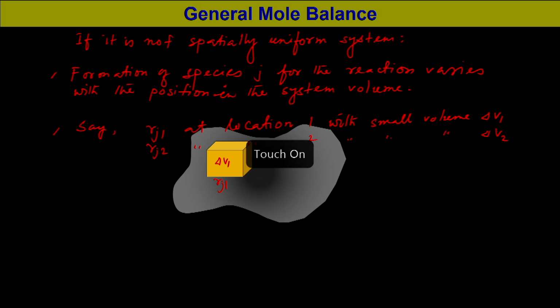And if we consider another volume at location 2, delta V2 and Rj2. So, this is in and this is out. In this we have considered two control volumes of very small volume at two different locations.